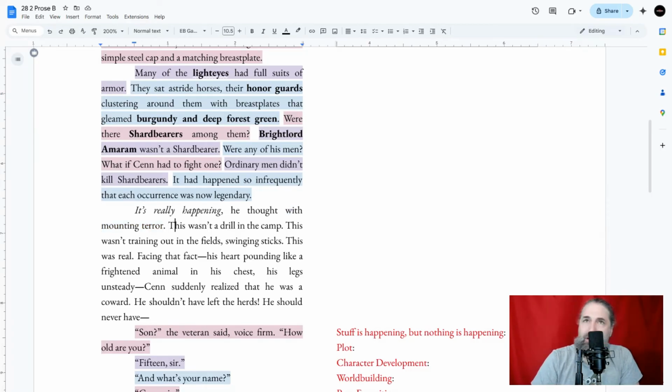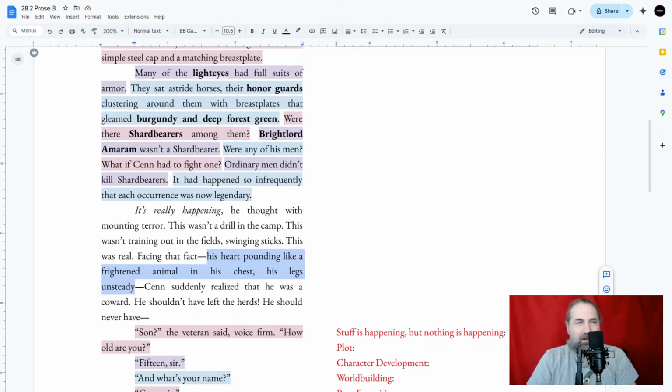"This wasn't a drill in the camp. This wasn't training out in the fields, swinging sticks. This was real." Facing that fact, his heart. Here is showing: his heart pounding like a frightened animal in his chest, his legs unsteady. For the record, if there are writers out there wondering, should I say the heart is pounding?